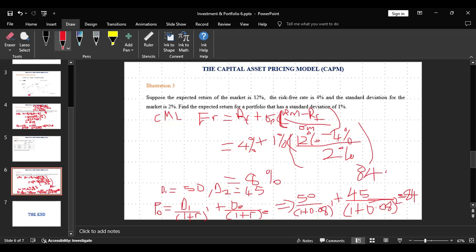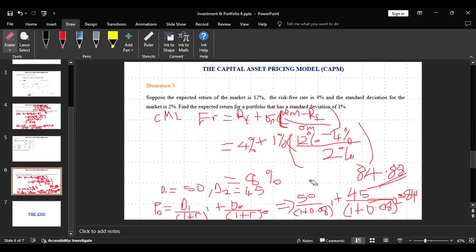So that is the answer, 84.88. This is an amount, and an amount always has two decimal places.